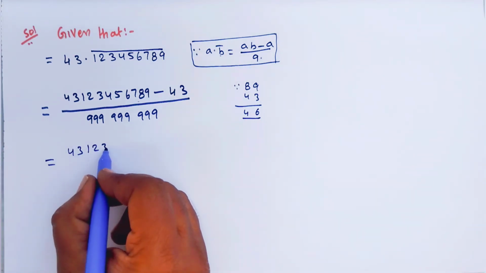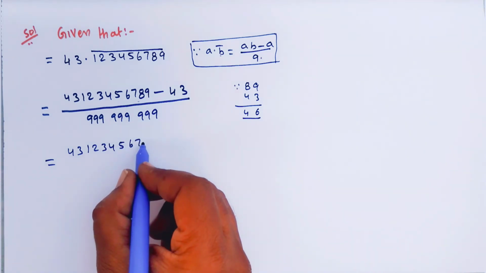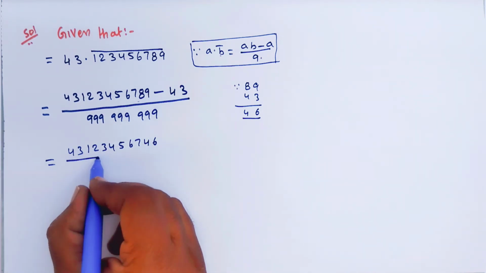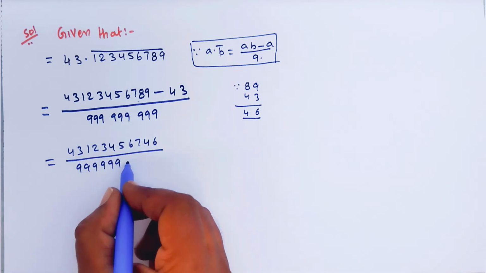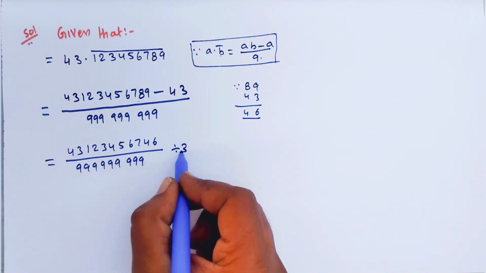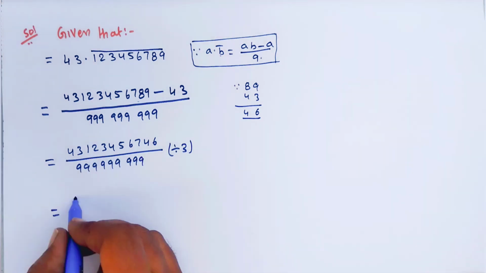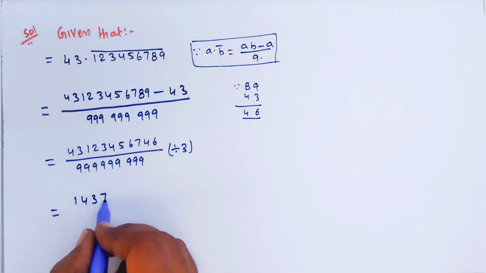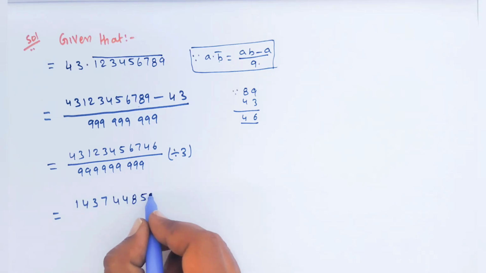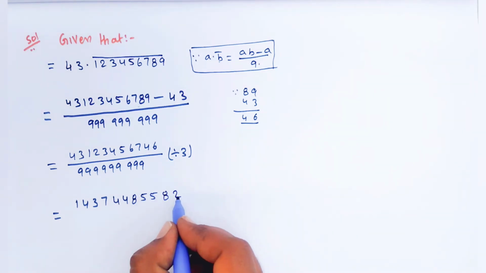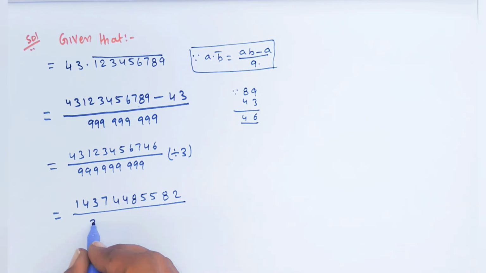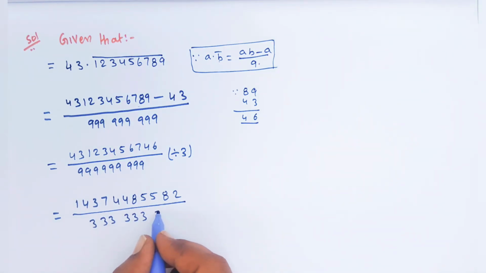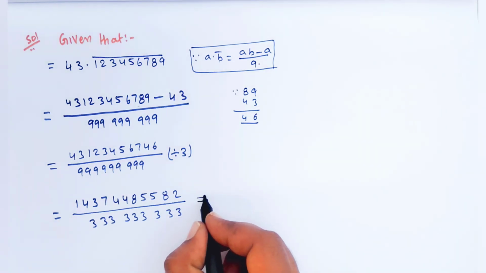So the numerator over 9 times 9s in the denominator. Numerator and denominator have a common factor 3, so we divide by 3, giving 1437448558 by 3, written with 9 nines.